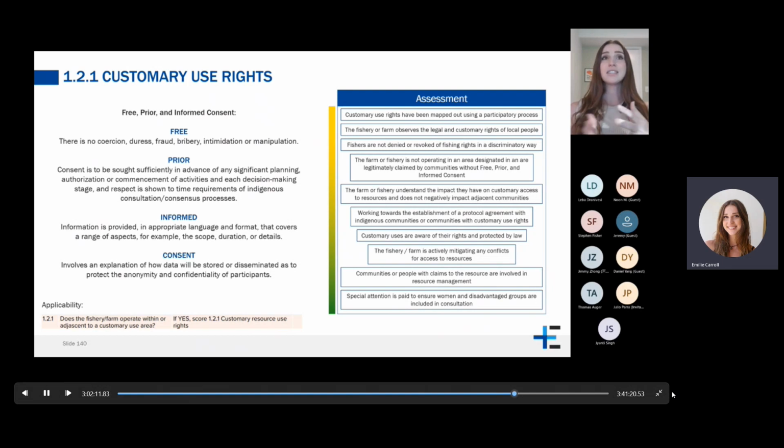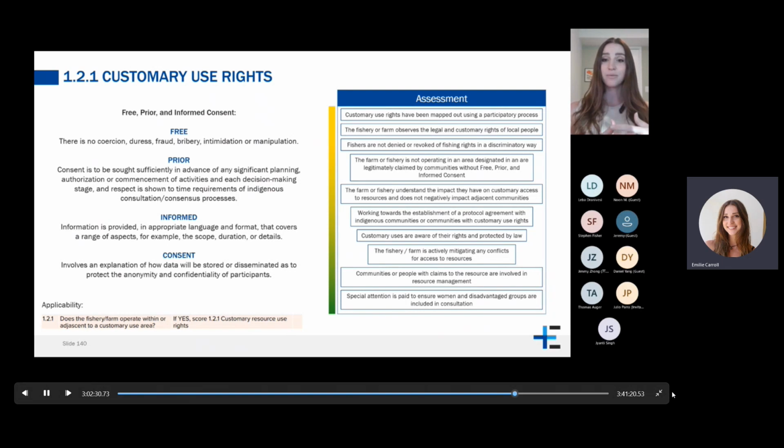And then informed also takes different levels because, for example, there are cases, I know in Canada, we talked about a lot, where people would get a phone call and that 5-minute phone call would then be cited by law as them informing an entire community of Indigenous people that something was about to happen.